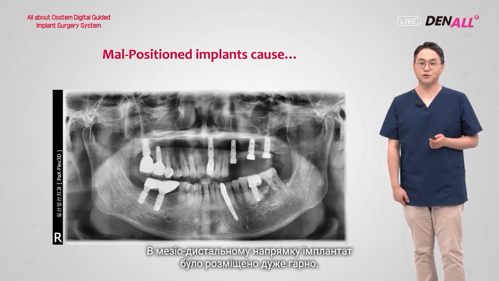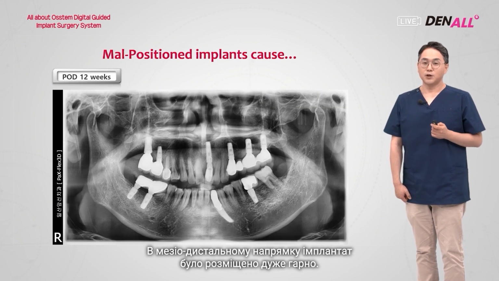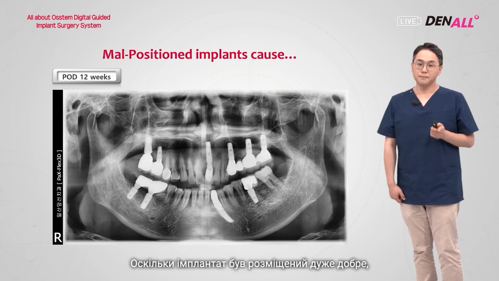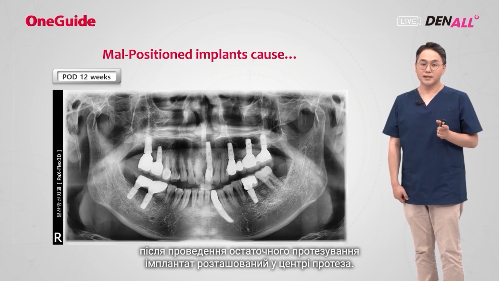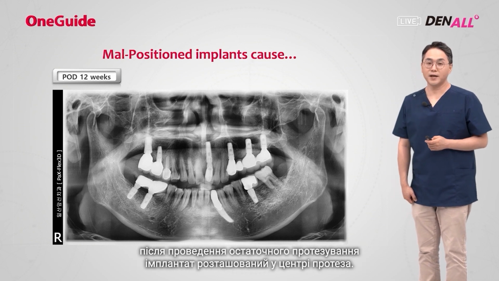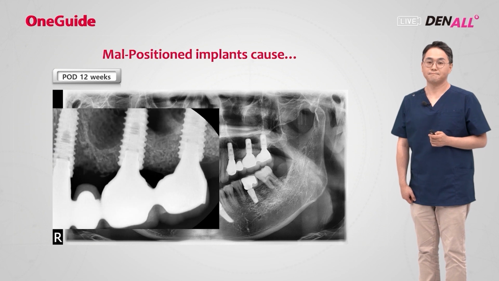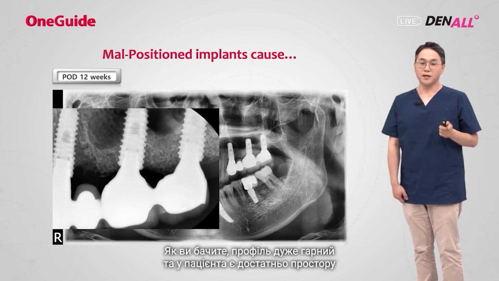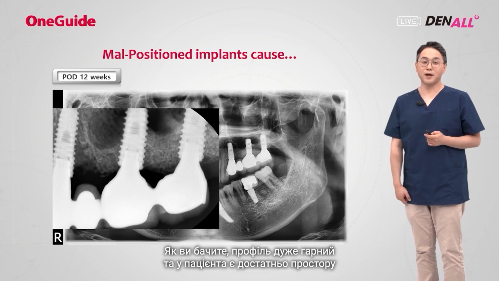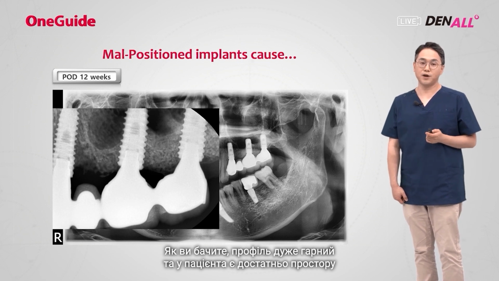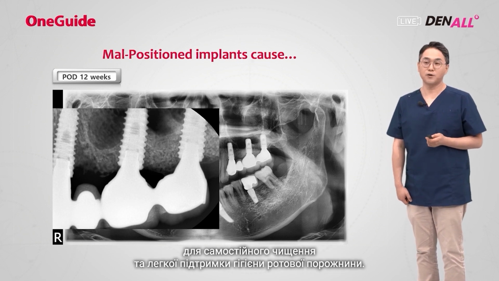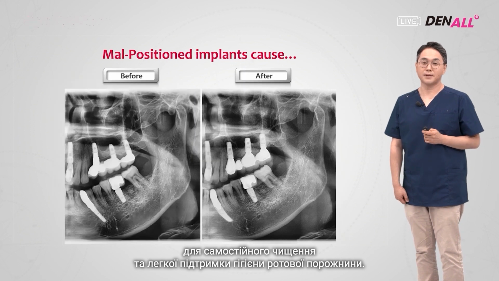Mesiodistally, the implant was placed very nicely after the final prosthesis, so the implant is positioned at the center of the prosthesis. As you can see, the emergence profile is very nice, and the patient has space to do self-cleansing, and oral hygiene can be maintained easily.